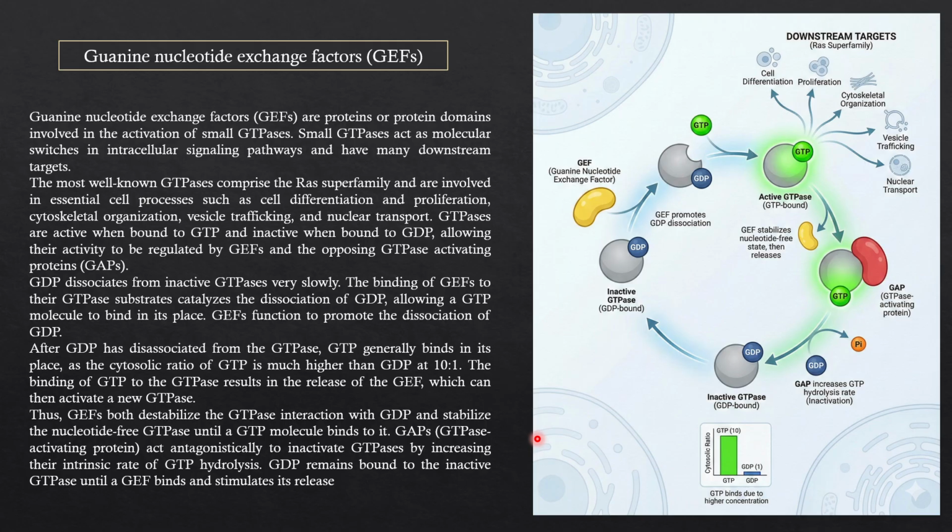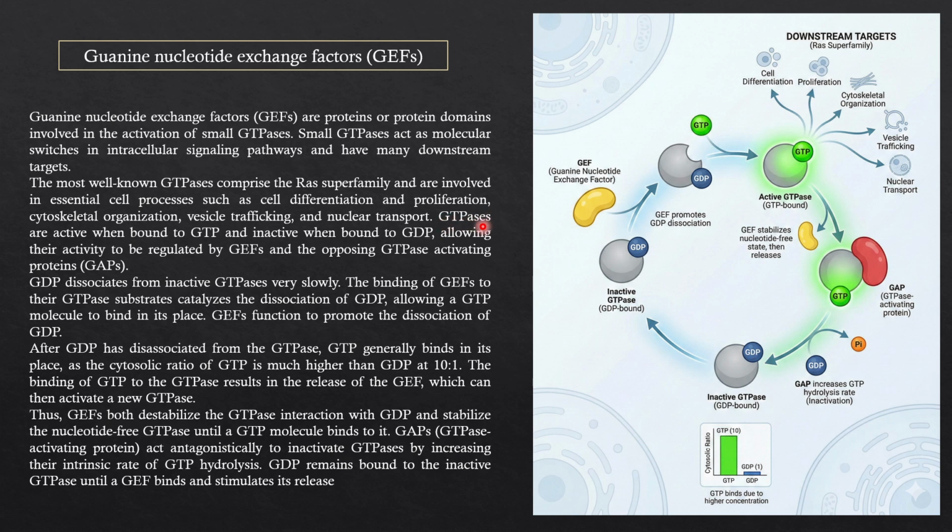Now there are GEFs, or guanine nucleotide exchange factors. Basically these are proteins or protein domains involved in the activation of small GTPases, and they act as molecular switches in intracellular signaling pathways and have many downstream targets. The most well-known GTPases comprise the RAS superfamily and are involved in essential cell processes such as cell differentiation, proliferation, cytoskeletal organization, as well as vesicle trafficking and nuclear transport.